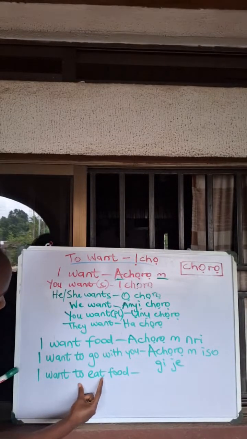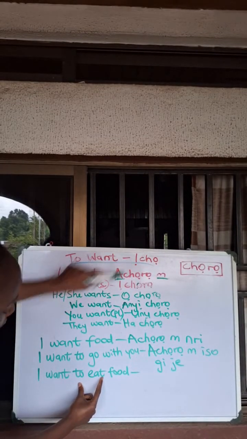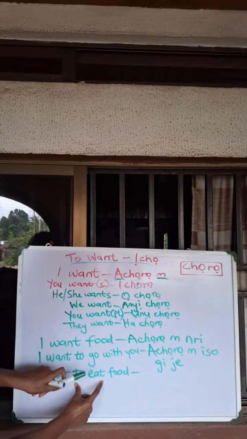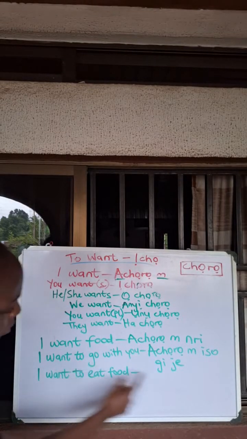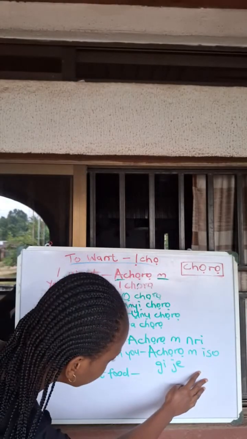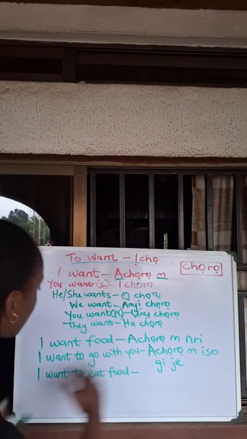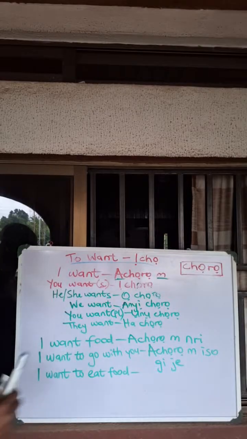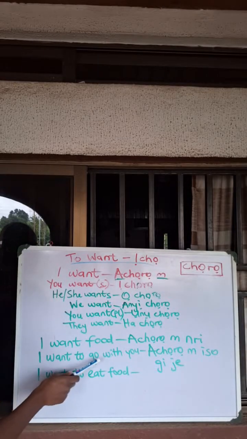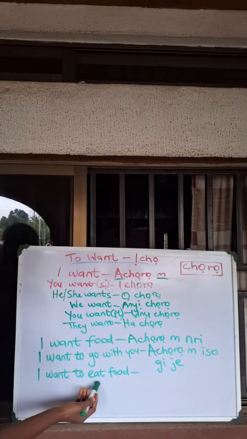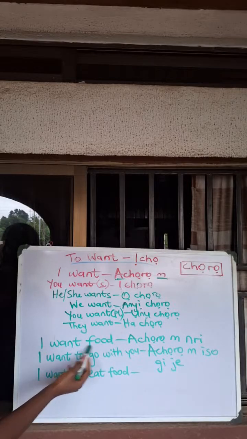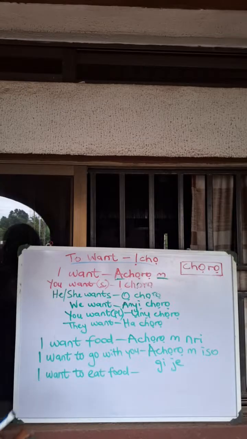To eat. Remember it begins with E or A. So this to eat is iri. Same as to go, ịje. I didn't write it here, but remember all the infinitives begin with E or A. We'll do this once another day, to go, to eat, and the rest.